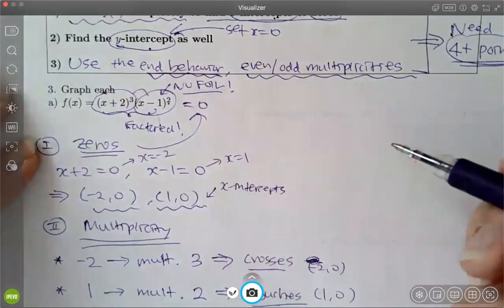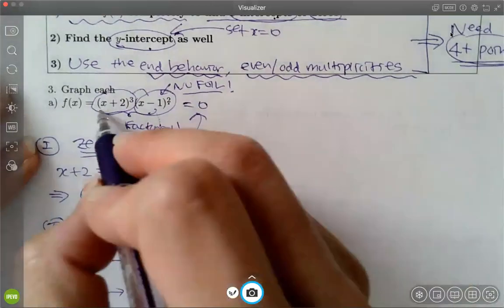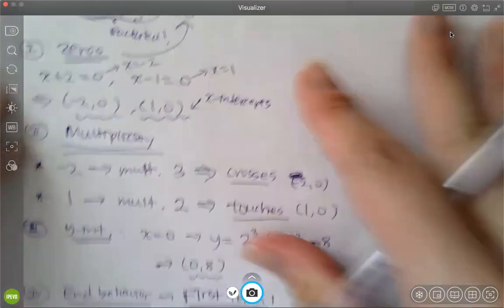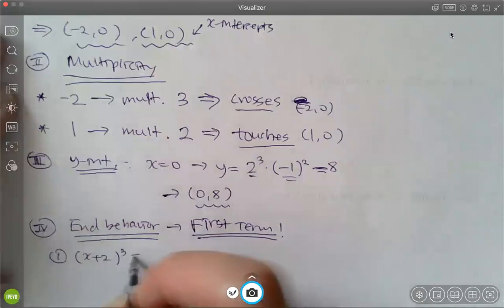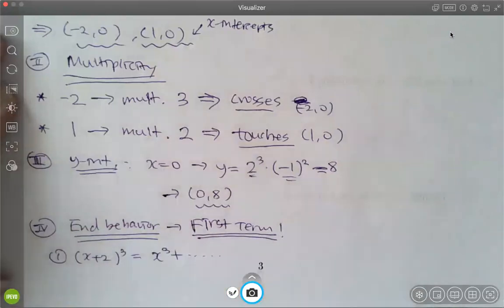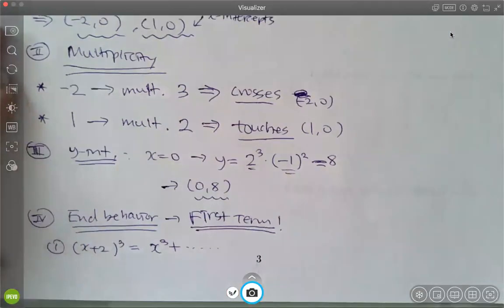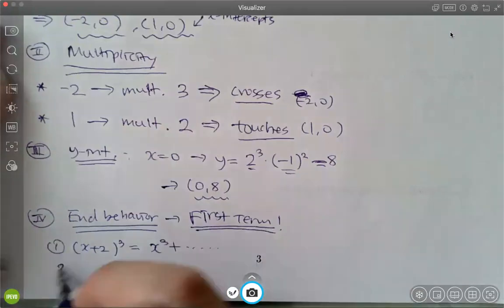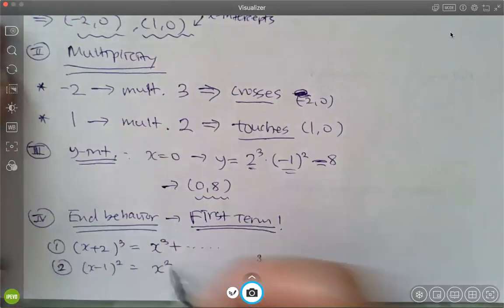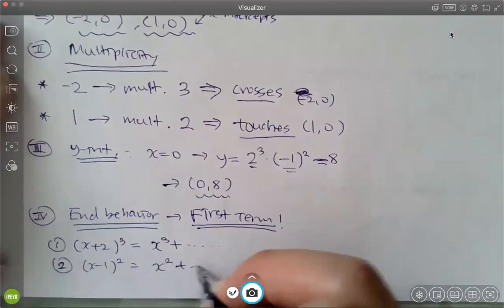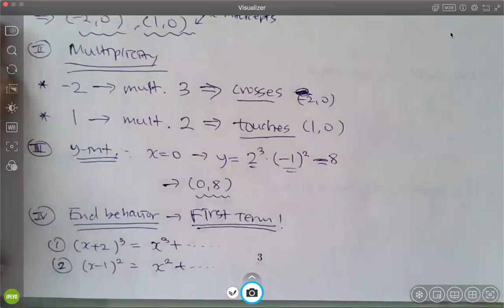So what is the first term of x plus 2 cubed? X cubed, right? And then it goes on and on, but we don't need to care. And then we have x minus 1 squared. Well, we know x squared is the first term, but again, we don't care what happens after that.